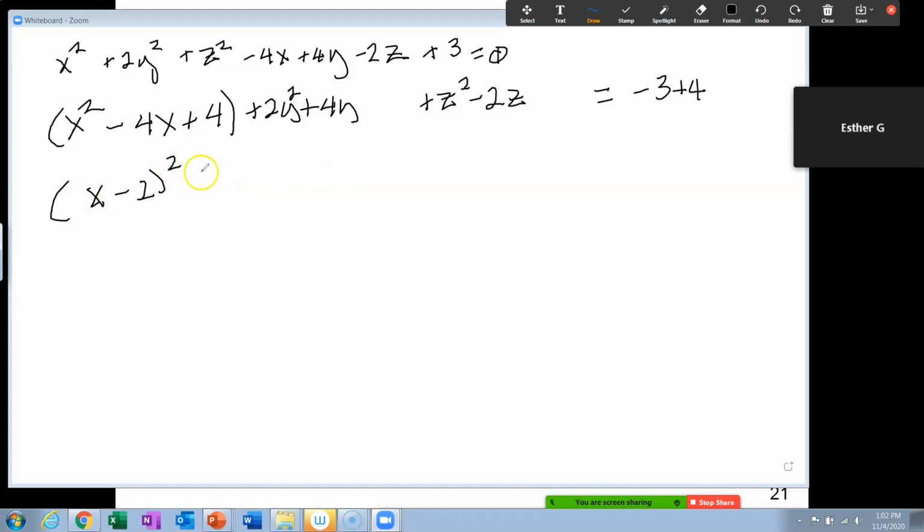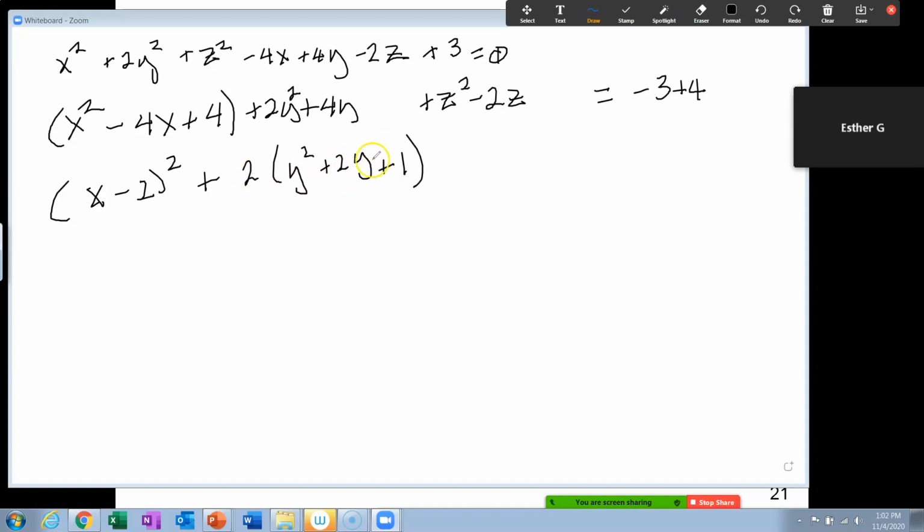Next I'm going to factor out this 2. I sort of hate that it was even there, but we've got to factor it out. 2 times y squared plus 2y. Now I want to complete this square. Half of the 2 is going to be a 1, square it, and you get a plus 1 here.